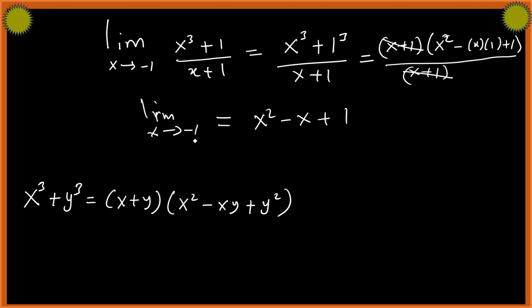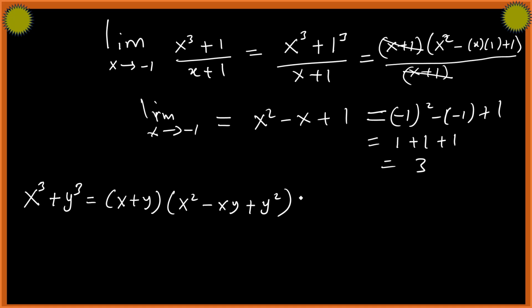We can now plug in the limiting value, that is -1. So we have (-1) all squared, minus (-1), plus 1. That is 1 plus 1, plus 1, so the answer is 3.